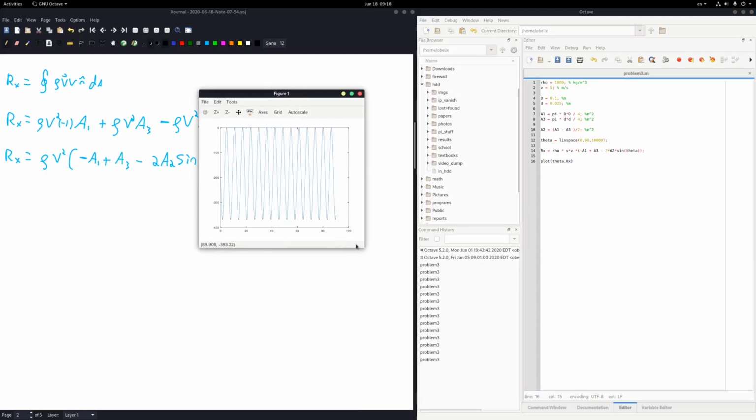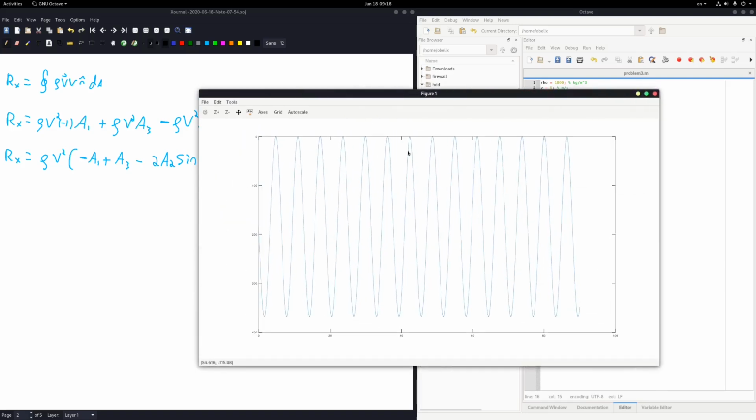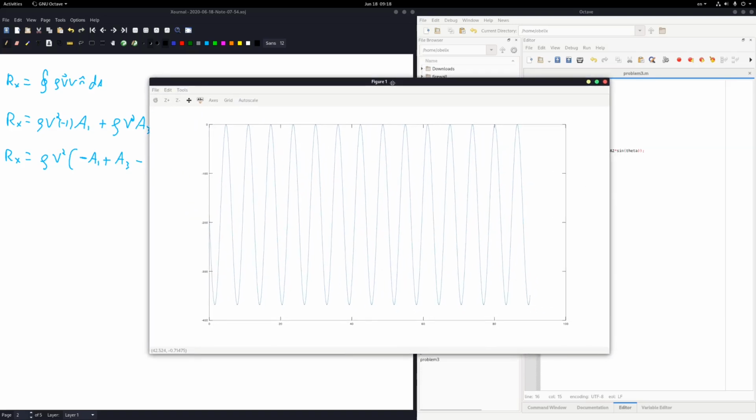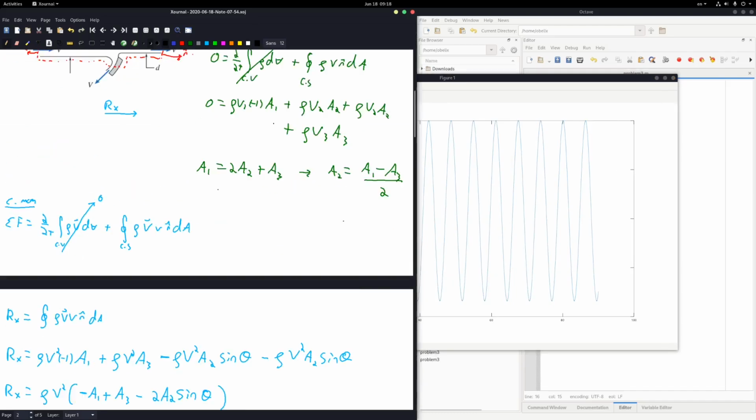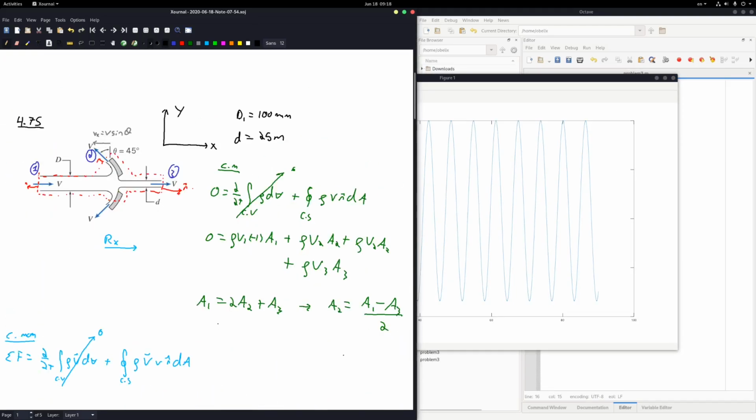we get this graph, which doesn't really look like what we're supposed to have. If we think of the problem here, what we're supposed to have is a reaction force, and logically, at 0 degrees we'd have a force in x, which means we need a negative reaction force to hold this plate.